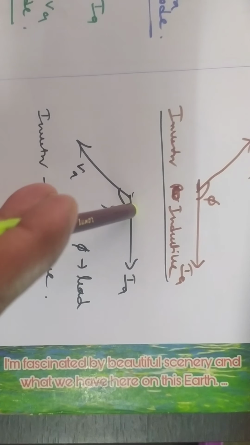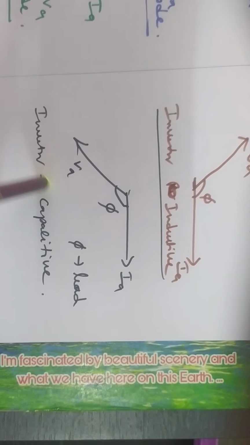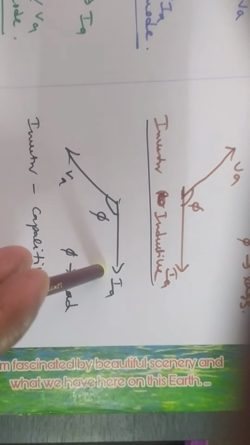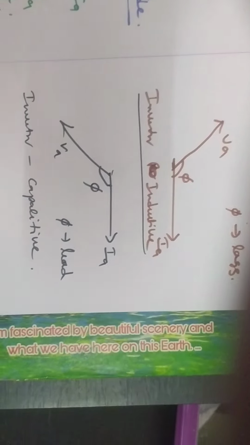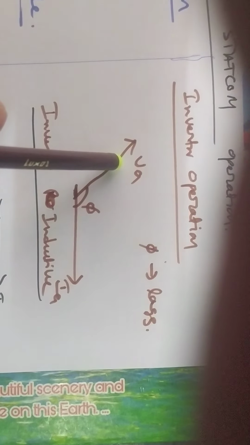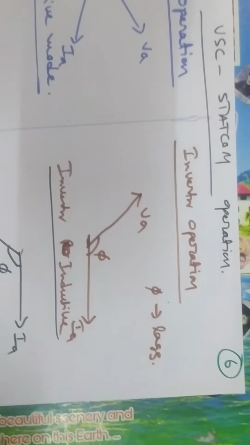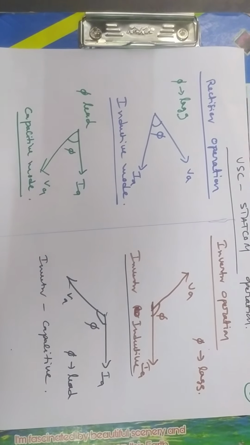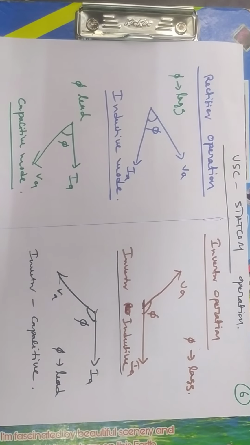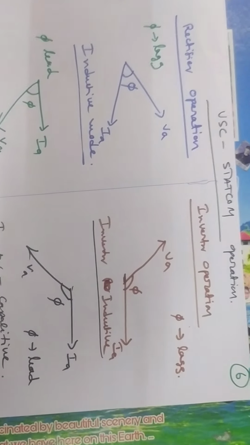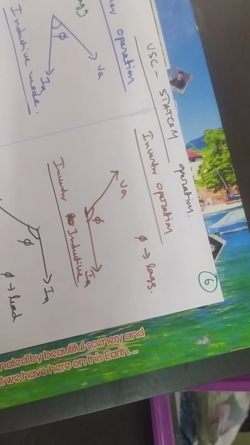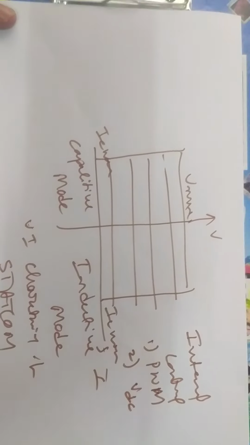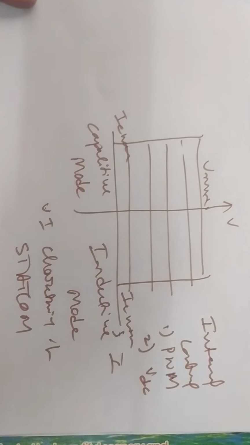In the capacitive mode, the phase relationship between VA and IA is like this, in which IA is leading with the VA in capacitive mode, and IA is lagging behind the VA in inductive mode. So these four types of operations are useful in order to get the wide variation of control of your STATCOM. So this is the wide control area of the STATCOM VI characteristics.